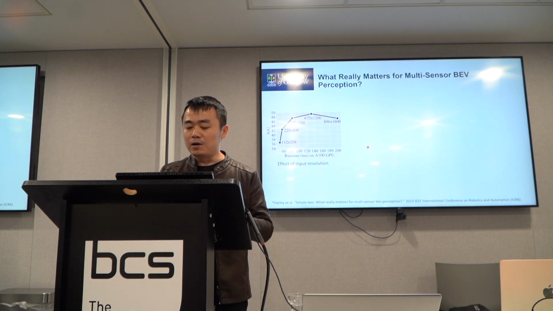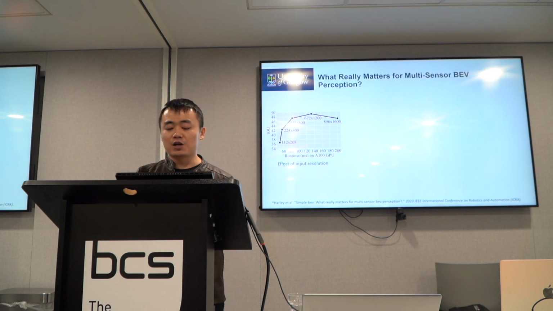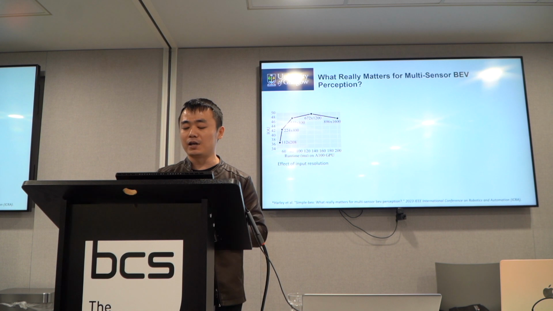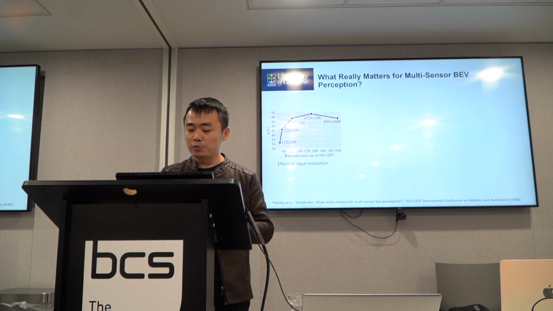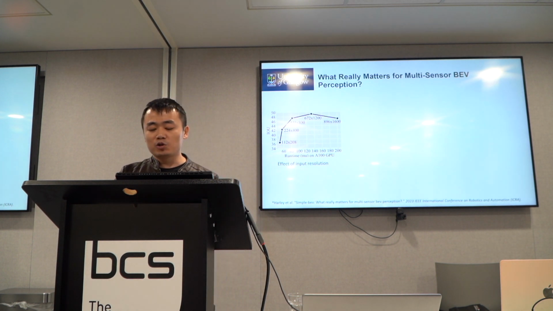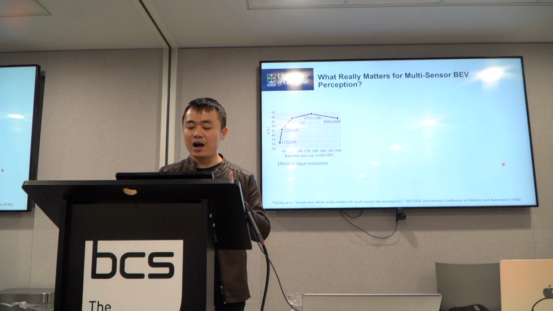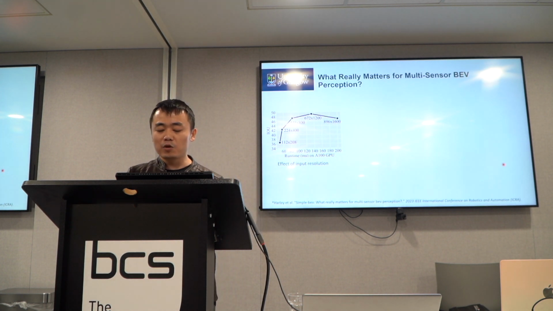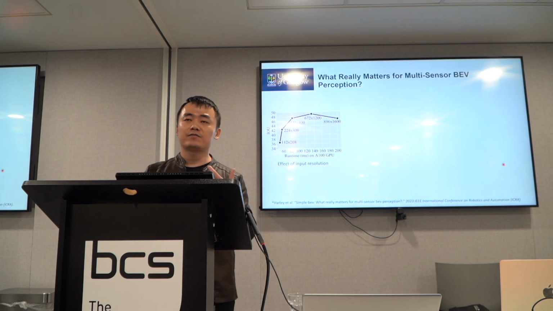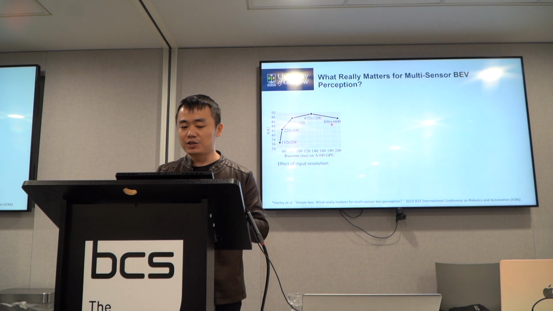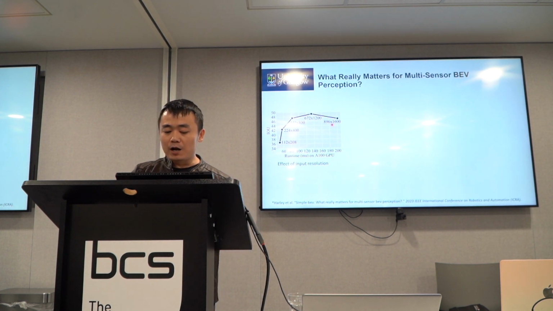Early BEV methods downsample the RGB image input before feeding it to the model. But the latest models can use higher and higher input resolution. But we find that a higher resolution does not always give better performance. You can see that there is a drop there.